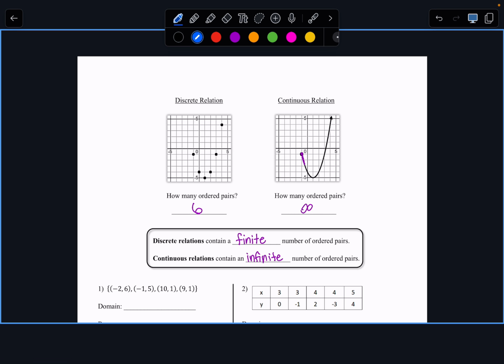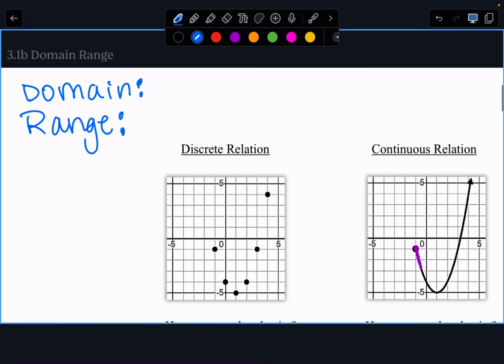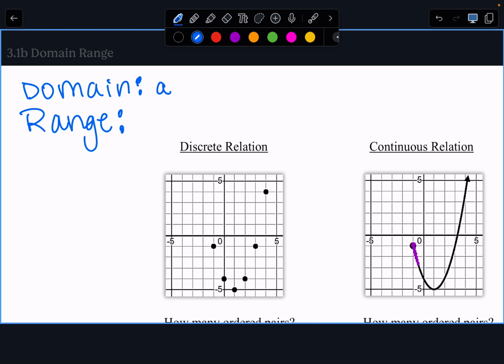We did not go over the definition of domain and range, so we're just going to do that right here. Okay, so the domain are all the inputs of our relation, and the range is all the outputs of our relation.